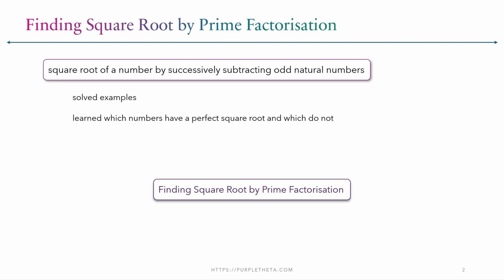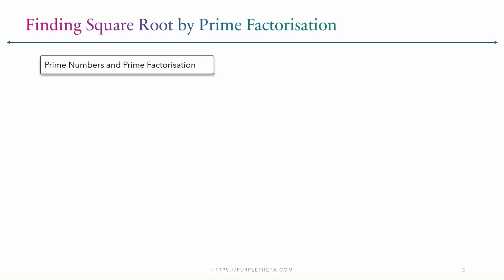Okay, so before we learn this method, let us quickly see what prime numbers and prime factorization mean, right? Let us see what is a prime number. A prime number is a number that has exactly two factors, that is 1 and the number itself, right? In other words, it cannot be divided exactly by any other natural number.